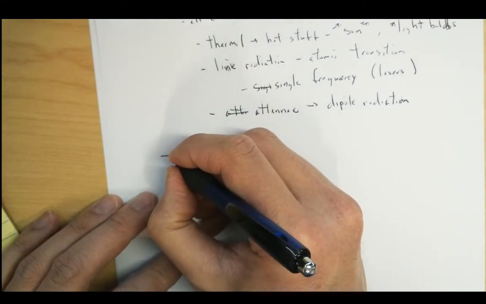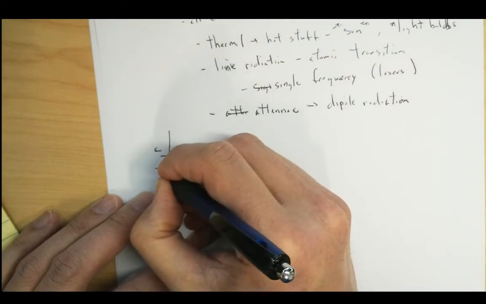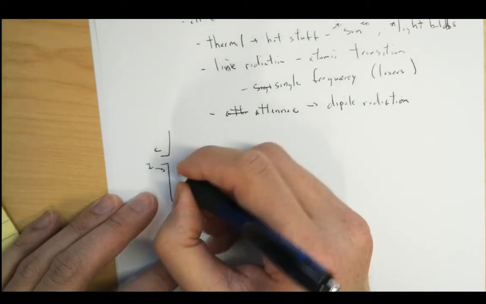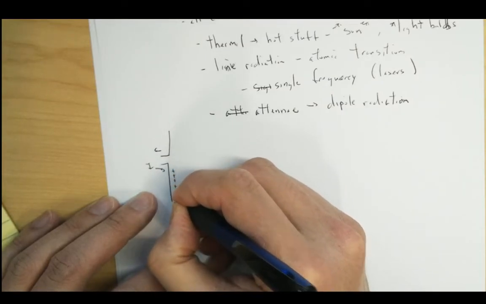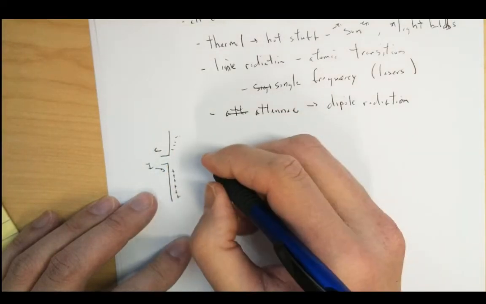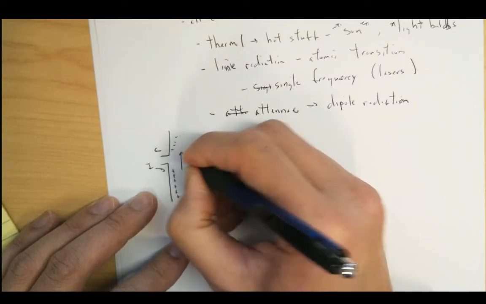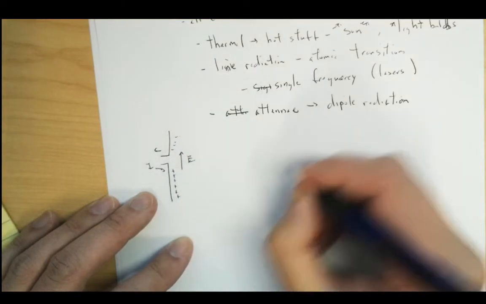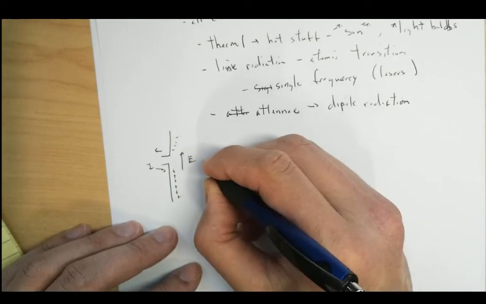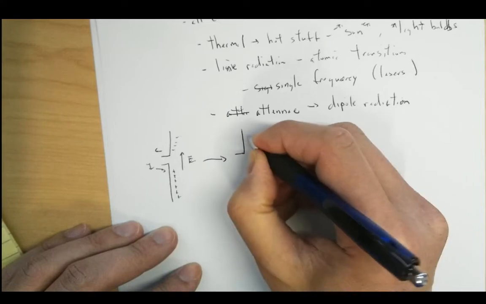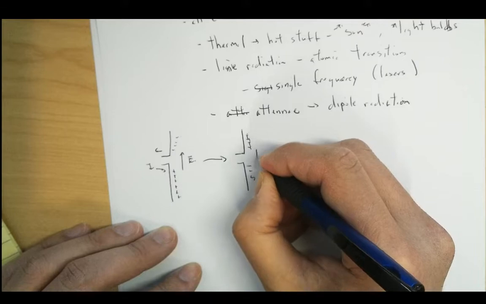So an antenna might look like this. Two wires, current flows in, current flows out. And so what happens is that it builds up maybe positive charges on the bottom here, negative charges on top, and basically the electric field will go from top to bottom. So this is the E field. And then sometime later you switch the current around so that it goes positive here, negative here, and then the electric field goes down again like this.